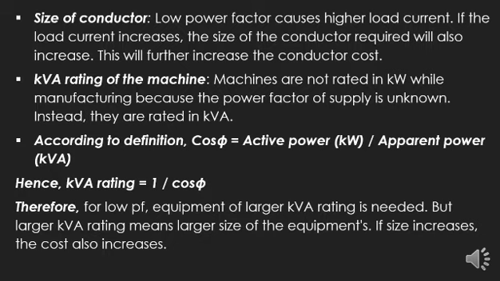Hence, the kVA rating is proportional to 1 over cosine theta. Therefore, for low PF, equipment of larger kVA rating is needed. But larger kVA rating means larger size of the equipment. If the size increases, the cost increases.